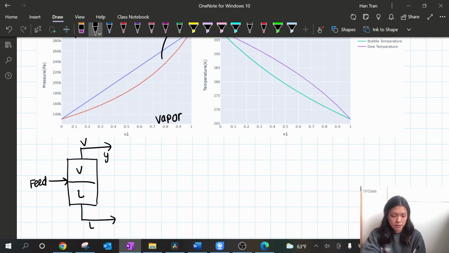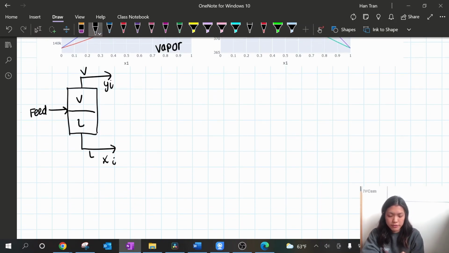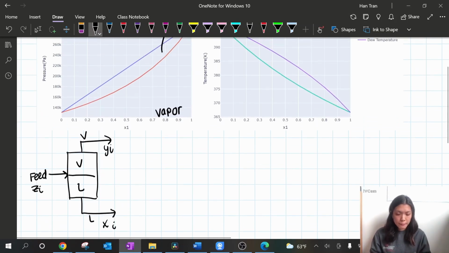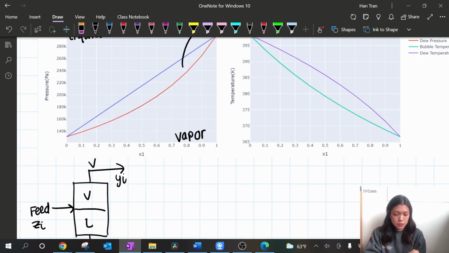There will be a vapor mole fraction and a liquid mole fraction, and the feed will also have a mole fraction. These mole fractions are of a component within the mixture. And so essentially the feed is somewhere in between this curve here. As you can see, it's going to be vapor and liquid.